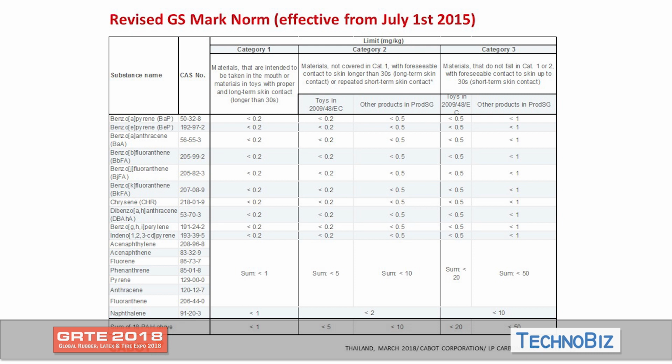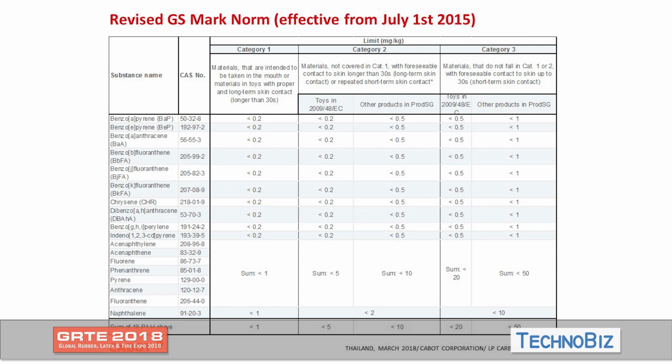Every time we talk about GS mark norms, we need to understand which category the article belongs to, because GS mark has 3 categories. Category 1 is mainly connected with toys, and then category 2 and category 3. For each category, they have specific different requirements on different PAH.